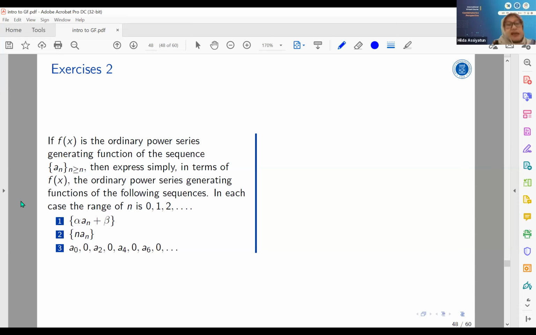Let's try number 3. So here we have that f(x) is equal to this one. Oops, this one is wrong as well. It should be 0, and sorry, x to the n. This is the ordinary power series, the ordinary generating function. So this is what we have.